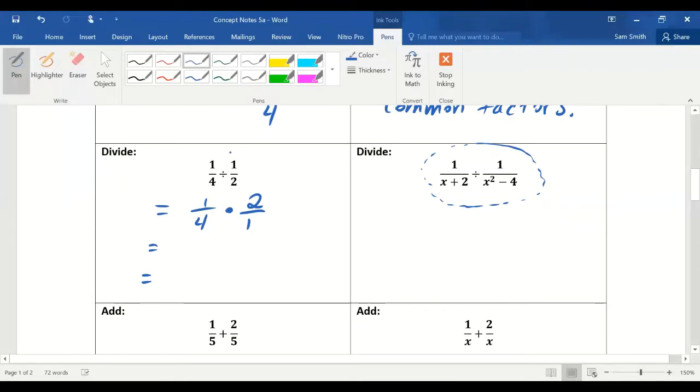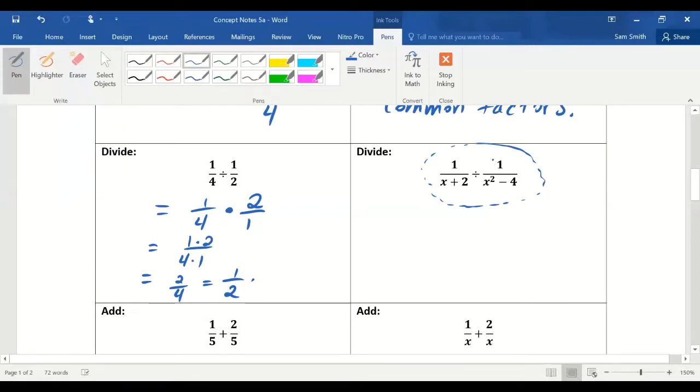And that will transform a division problem into a multiplication problem. Once you have a multiplication problem, you can multiply straight across. Multiply one numerator by the other, one denominator by the other, to get 2 over 4, or 1/2.